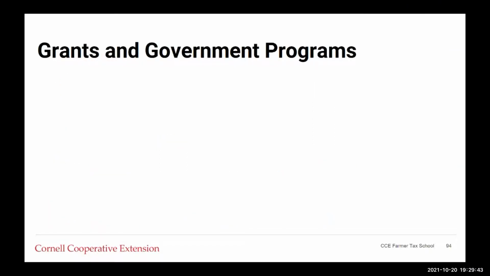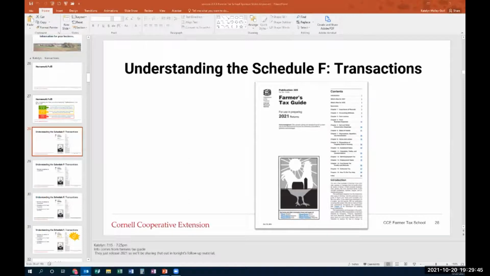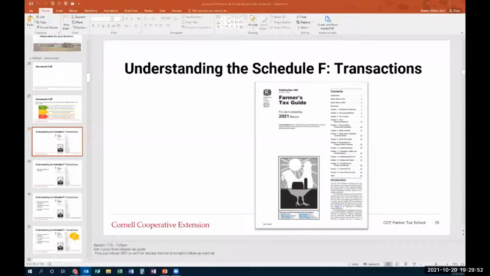So Caitlin, before we move on to grants and government programming, Bill asks, can a contractor repairing or expanding my barn electrical systems be claimed as an expense, or should it be treated as a capital improvement?